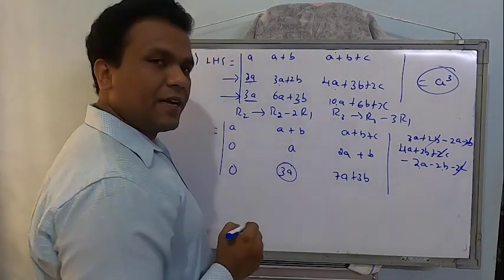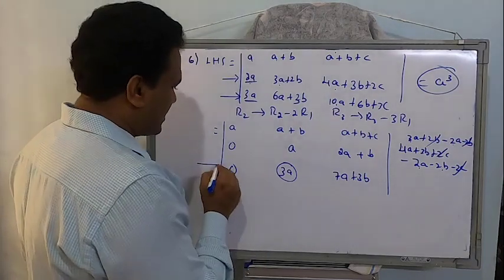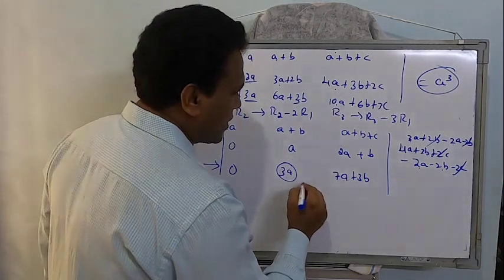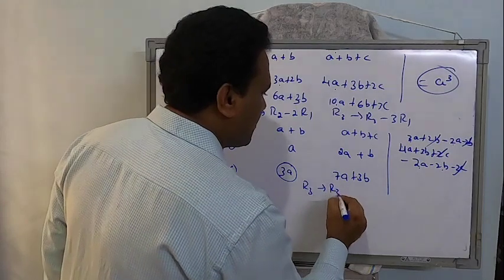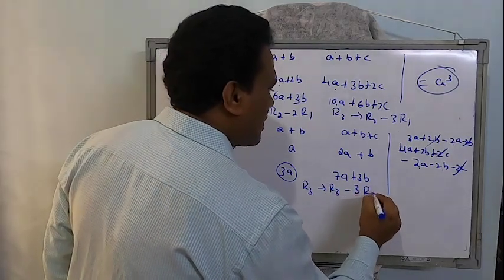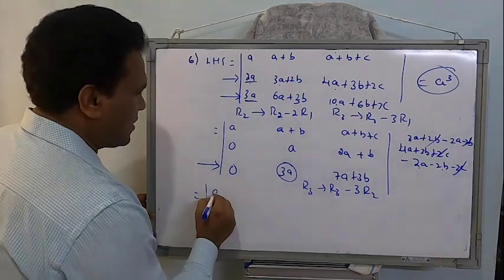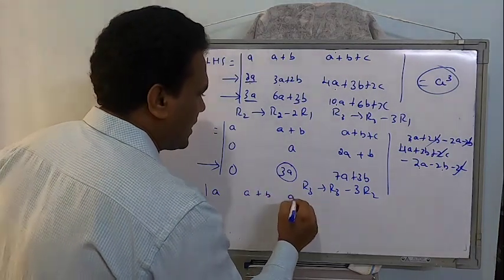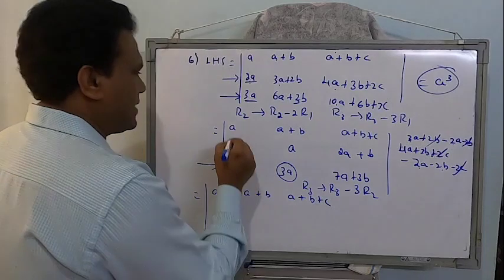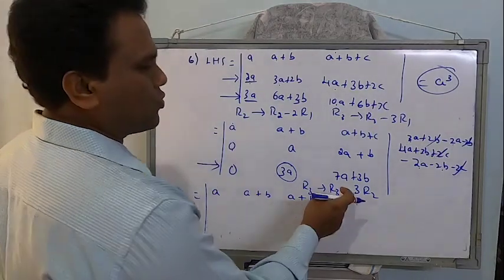Let me concentrate on making this element 0. That's an element of R3. The operation for R3 will be written as R3 minus 3 times R2. Let's try this operation. So first row, no change: A plus B, A plus B plus C. 0 minus C, we have to do this now.